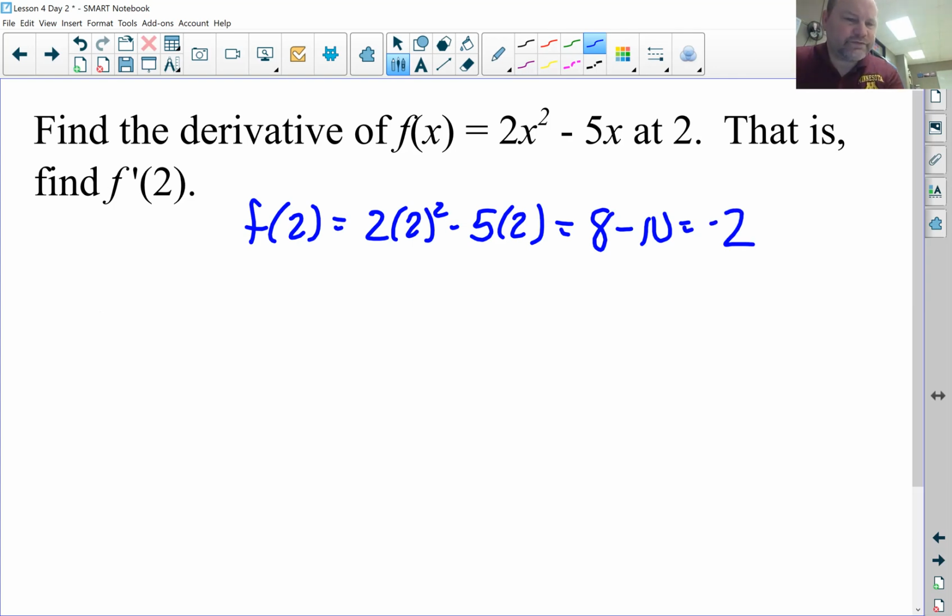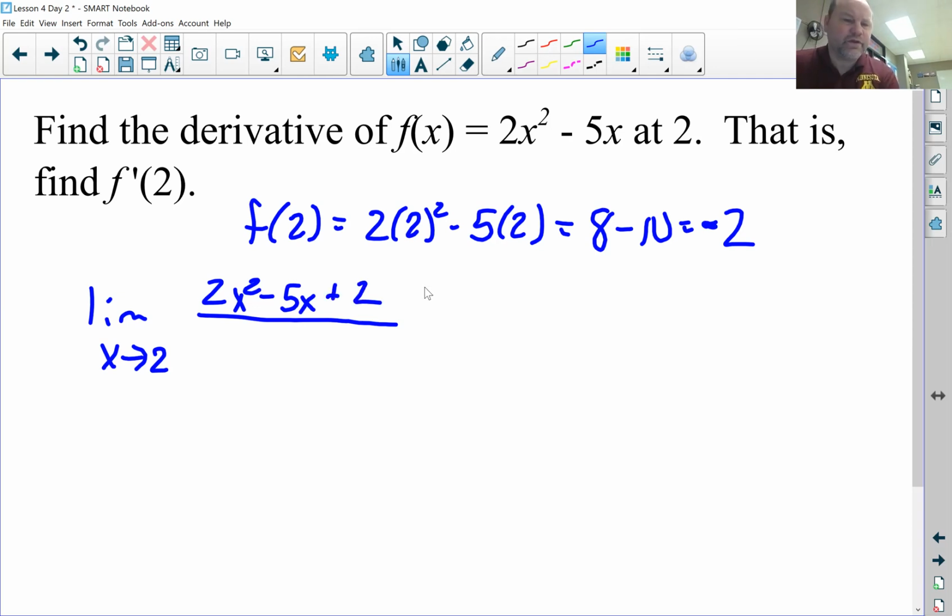So now we want to find the limit as x approaches 2 of f of x, 2x squared minus 5x, minus f of c. So minus negative 2 would be plus 2, over x minus 2.